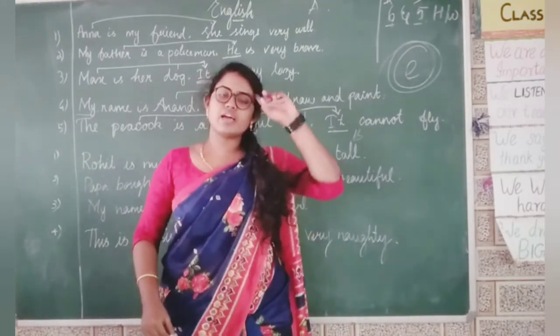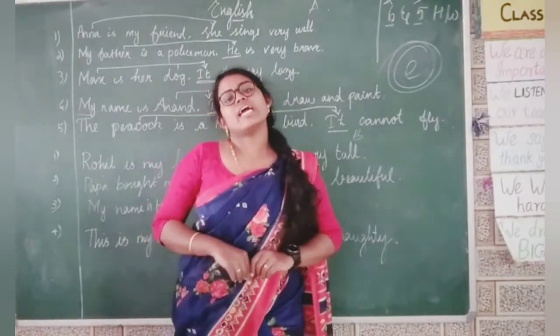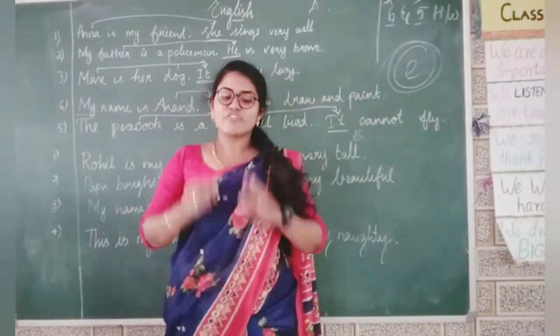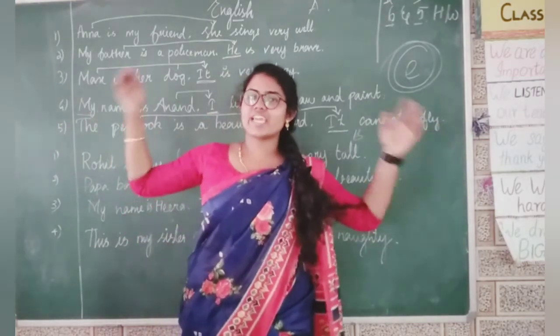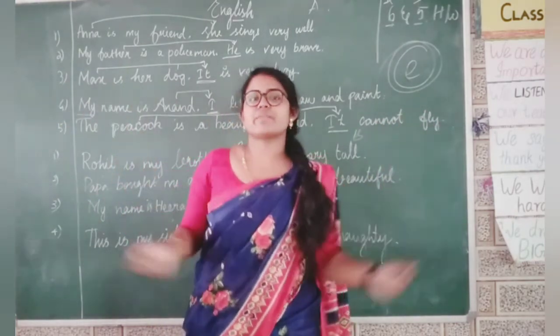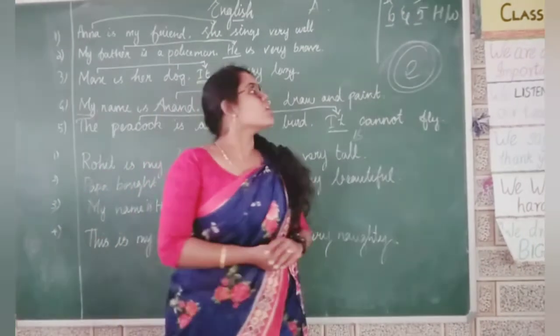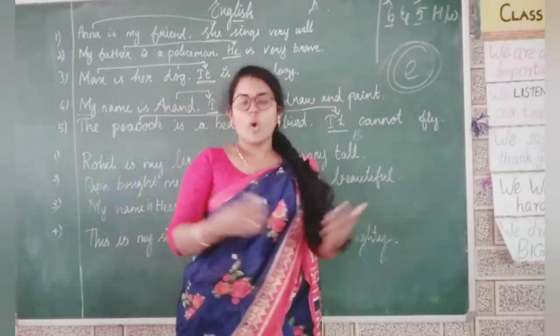For example, hit, it, heat, e. Then again, fit, fee, e. So the pronunciation practice you can do from the sound section near the next page. So you can do the sound practice at home as homework.